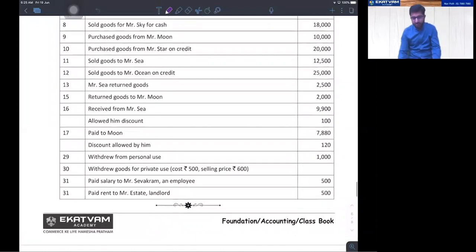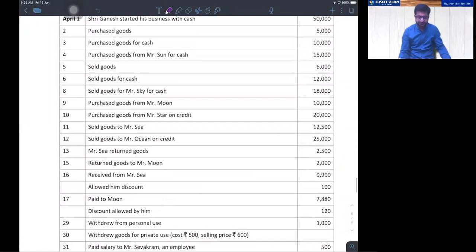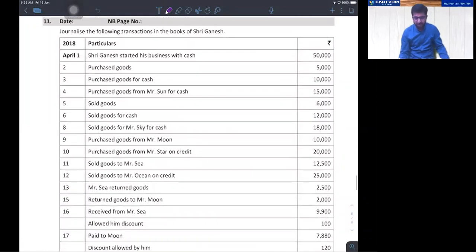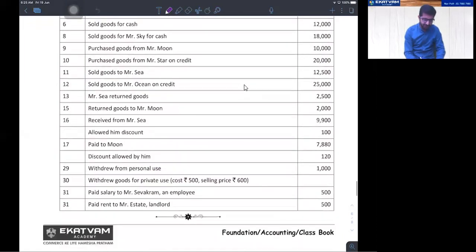If you check out the last question of your class book, which has been shared with you already, from which you did question number 10 also already. In this question, they've given: journalize the following transactions in the books of Sri Ganesh. Transactions dated 2018 April 1st to April 31st. April 30 is there, April 31st doesn't exist, right?